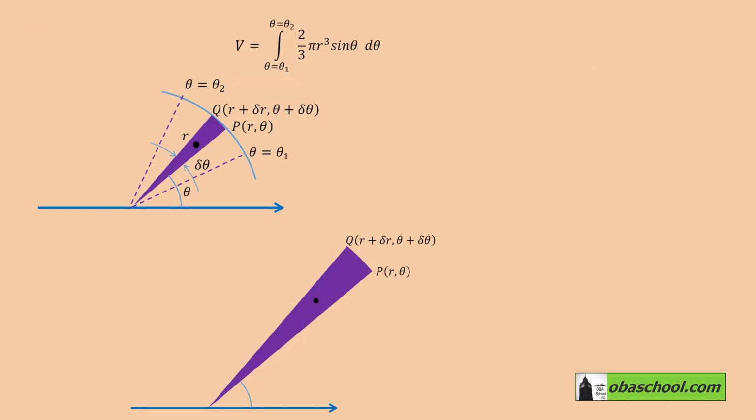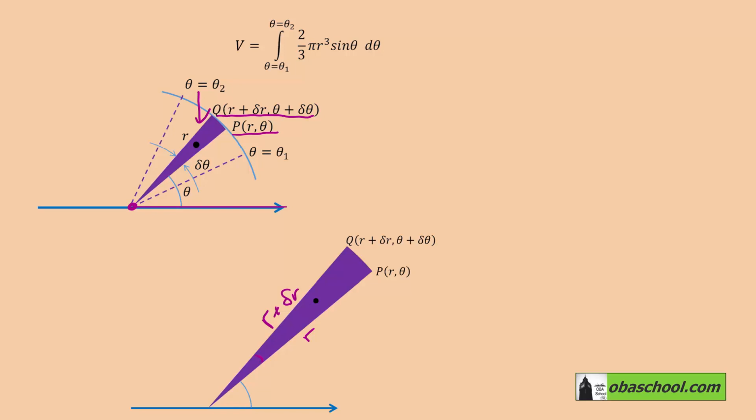Now if we go to polar coordinates, the origin is here, and we can see the initial line going off in this direction. This is our element. We consider it to be approximately triangular. And if you look at the coordinates of Q and the coordinates of P, we can see that this length is r plus delta r, and this one is r.